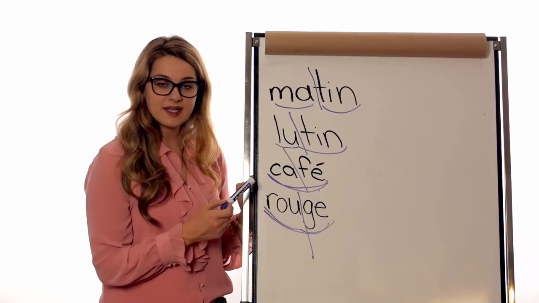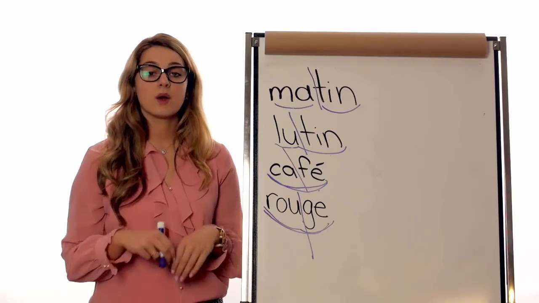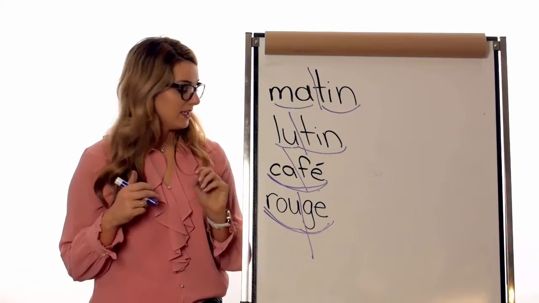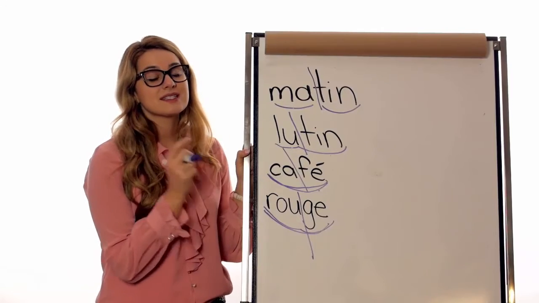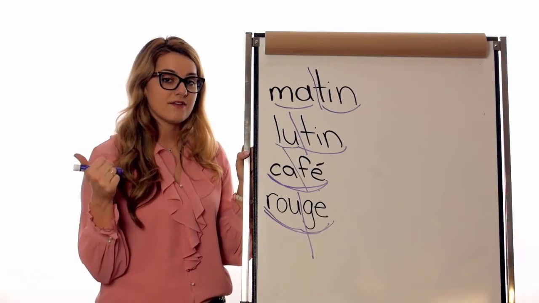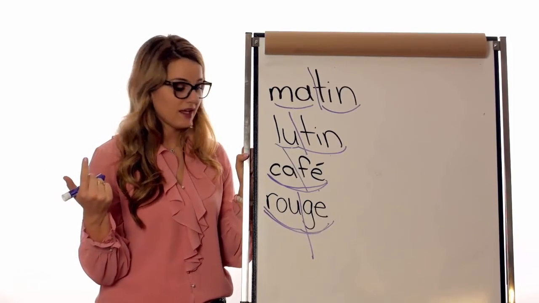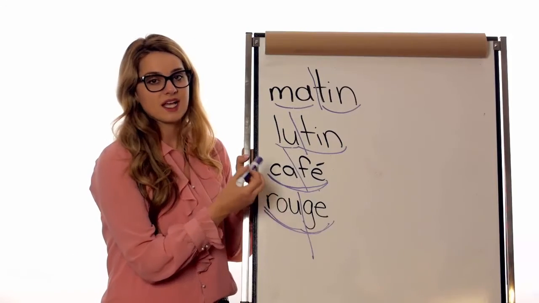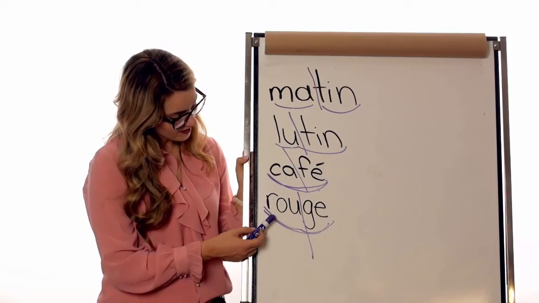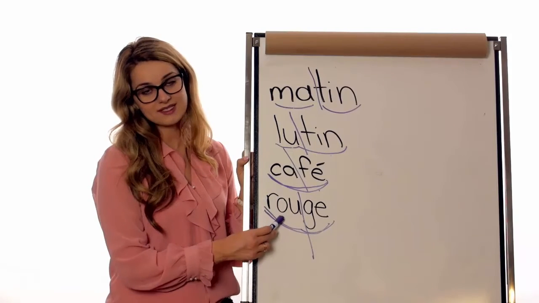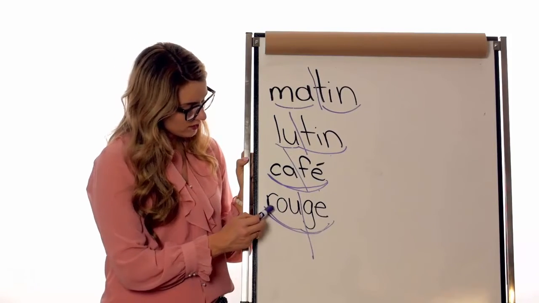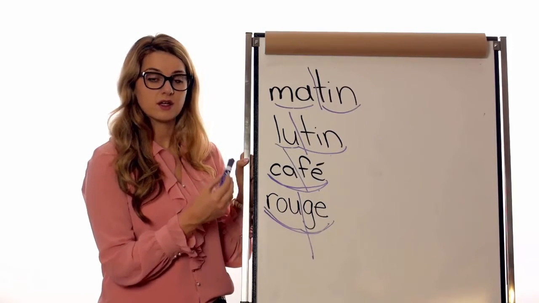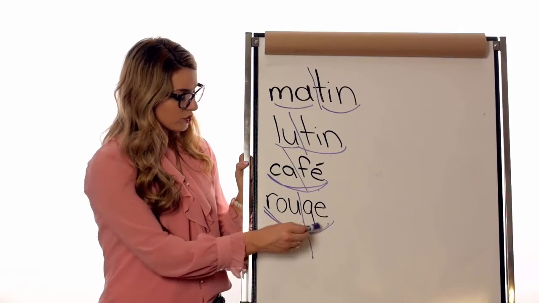As I said, the C makes the sound s or k. It often makes the sound s like an S when there is an I that follows or an E. Okay? In this case, it's an A, so it's k. Here we have U makes it sound oo, oo. So with the R in front, it's r, ru, rouge.